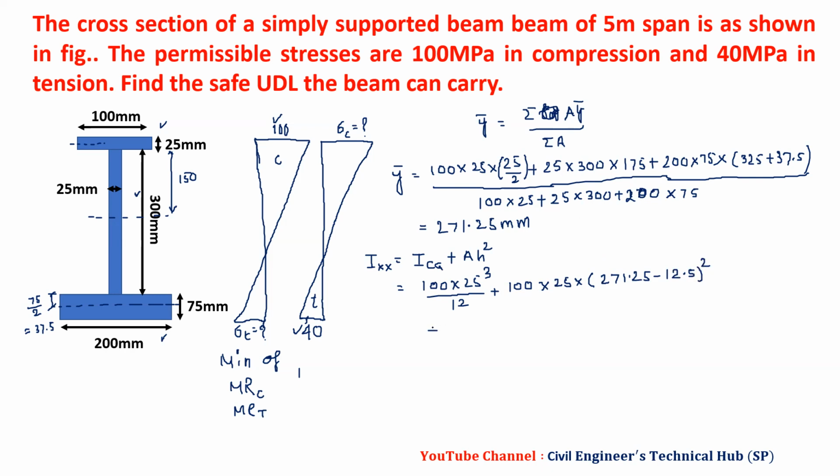Plus we have another, the web, second part: 25 into 300 cube by 12 plus A into H square, 25 into 300 into, now we have to consider y2 175, so we have 271.25 minus 175 whole square.